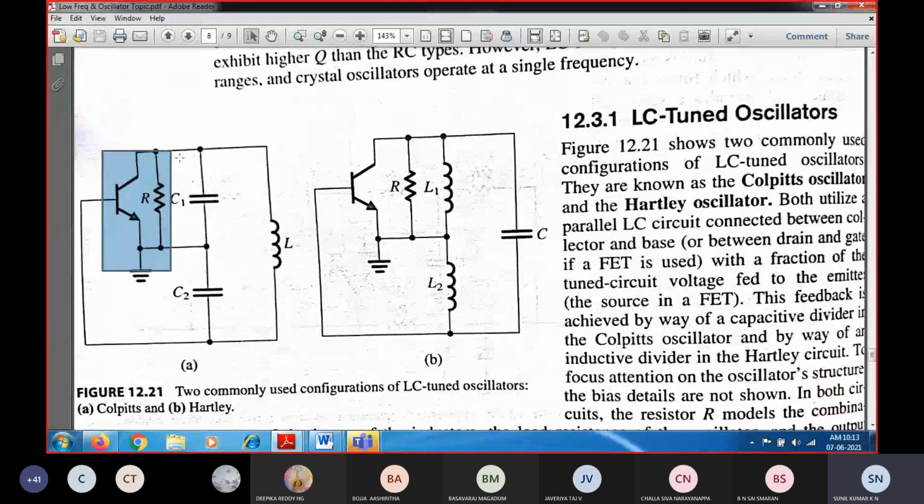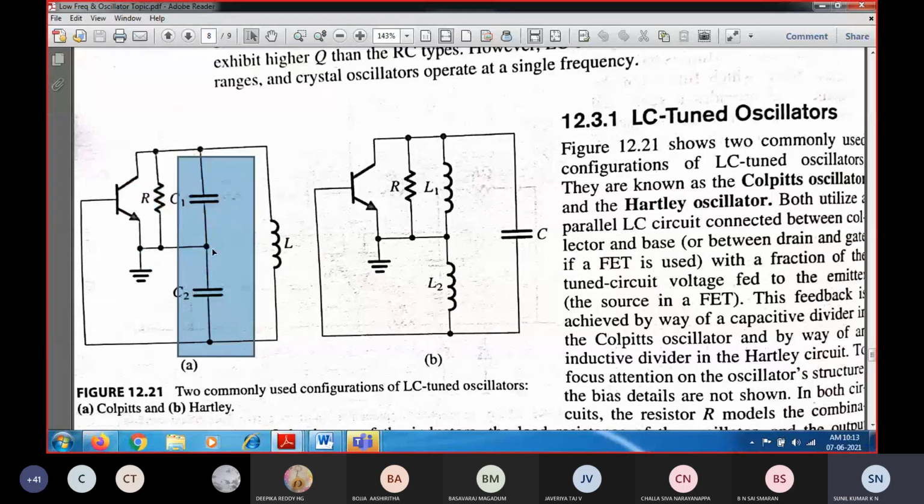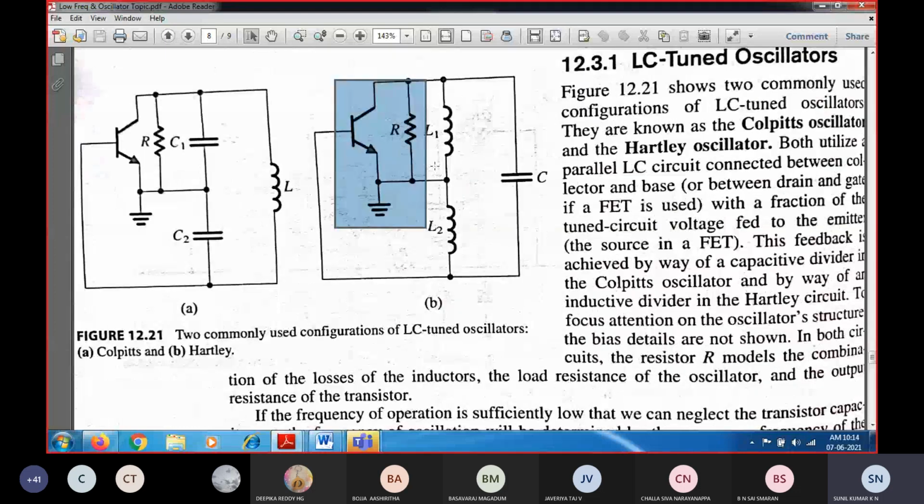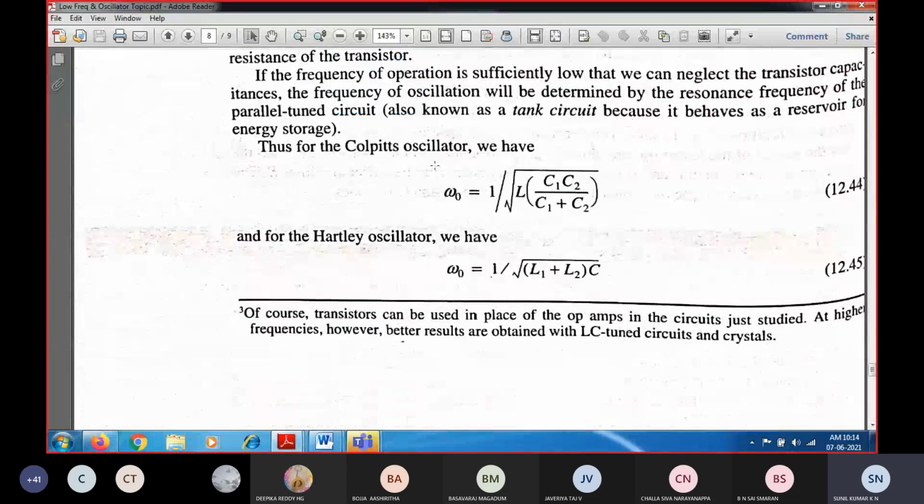If the feedback factor, the ratio C1 over C2 or L1 over L2, is made equal to gm times R, where gm is the transconductance and gm times R gives the output amplitude, that is, the output voltage, so that the feedback factor matches the gain of the amplifier, then the loop gain around the LC oscillator, whether Colpitts or Hartley, will be equal to 1.